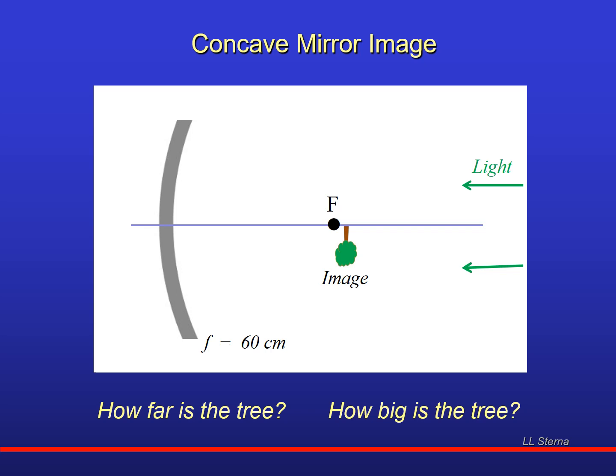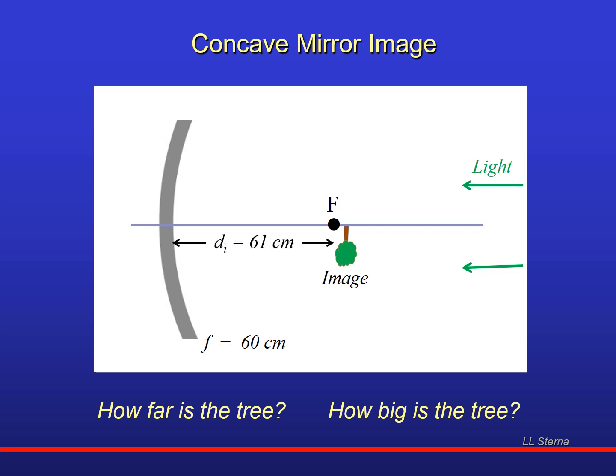Can you tell how big the tree is? Again, you have this big mirror, you point it out the window, you see the image of a tree. You, of course, will move the mirror so that it's just the right distance to give you a sharp image on the wall, and you want to answer those two questions. How would you do it?